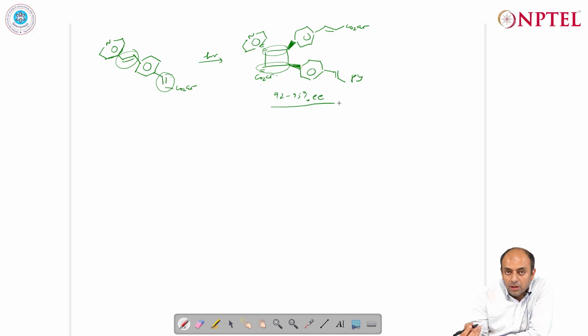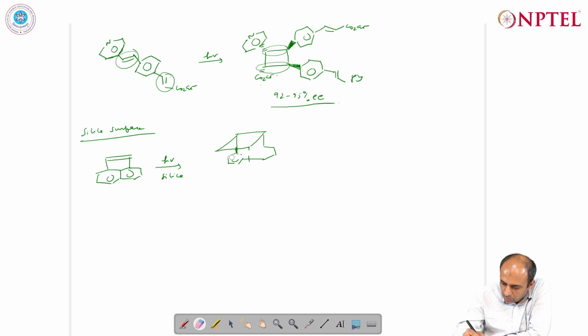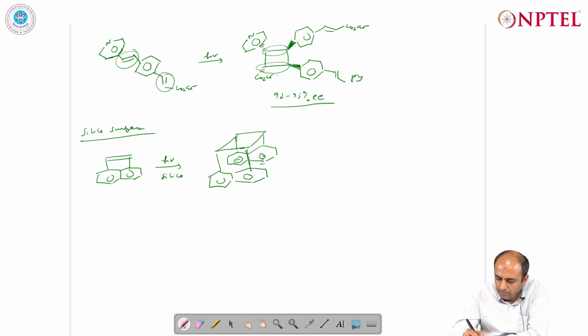Similarly, photodimerization has also been achieved on different kinds of surfaces like clay, zeolites, silica, etc. One such example on silica surface is you can take this particular compound, h nu on silica, it forms, you can see that now, okay, so you have the favorable pi stacking here.